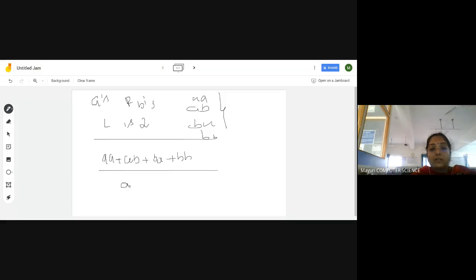This is length 1, this is length 1, and if I multiply these, you will get the above: AA, AB, BA, BB. So strings of A's and B's of length 2. Fine.